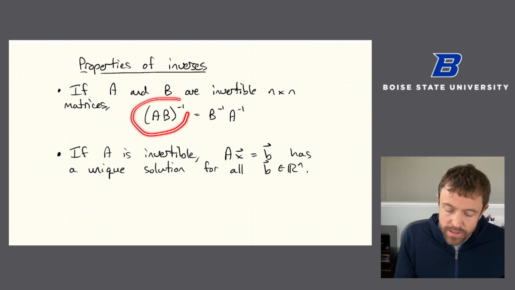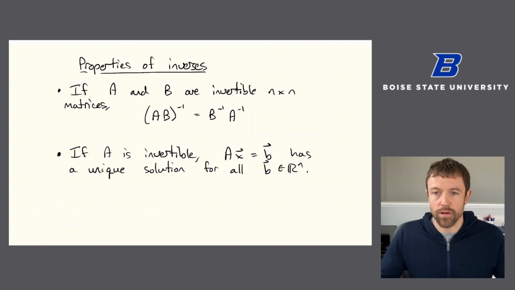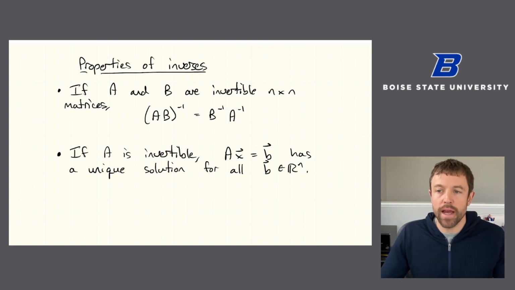And its inverse is given by the inverses of the two matrices multiplied in the opposite order. This is not really that hard to show, but I'm not going to. I just wanted to present this fact. When we multiply invertible matrices, we get another invertible matrix, and we can see what that inverse is by multiplying the inverses in the opposite order.